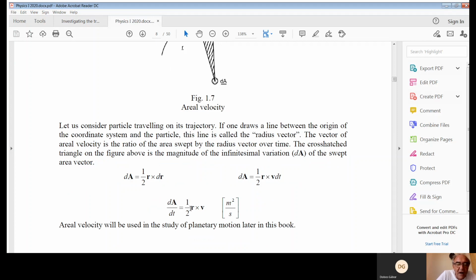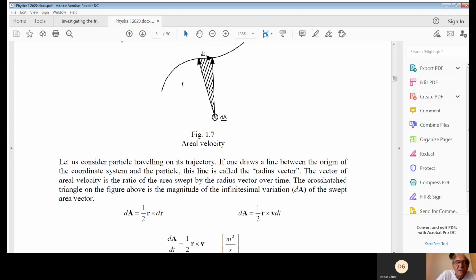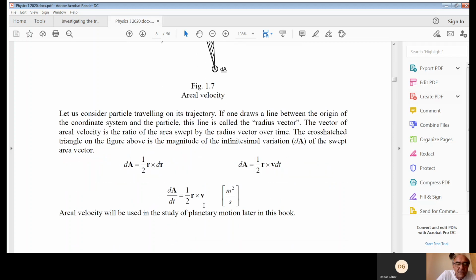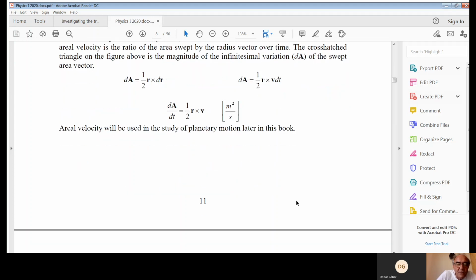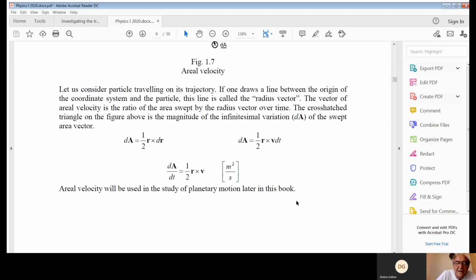It is 1/2 r cross v. So the position and the velocity cross product is giving us the areal velocity, the swept area over time. And this will be used later in this book in the planetary motion of the planets.